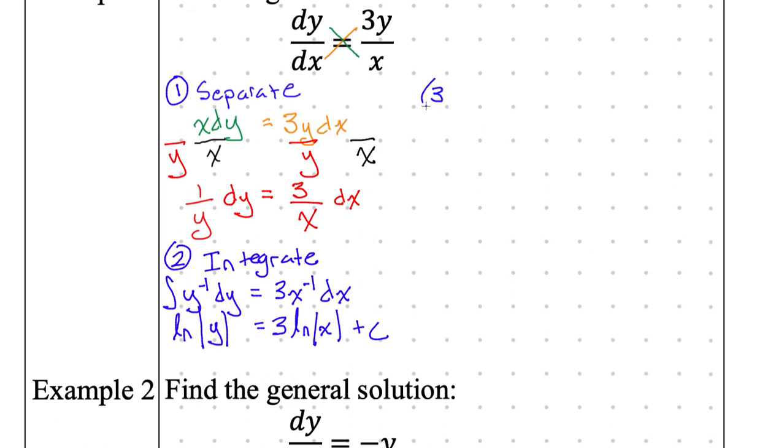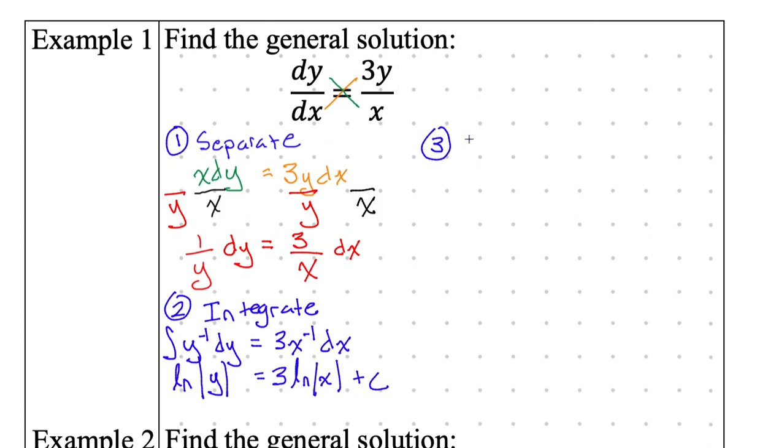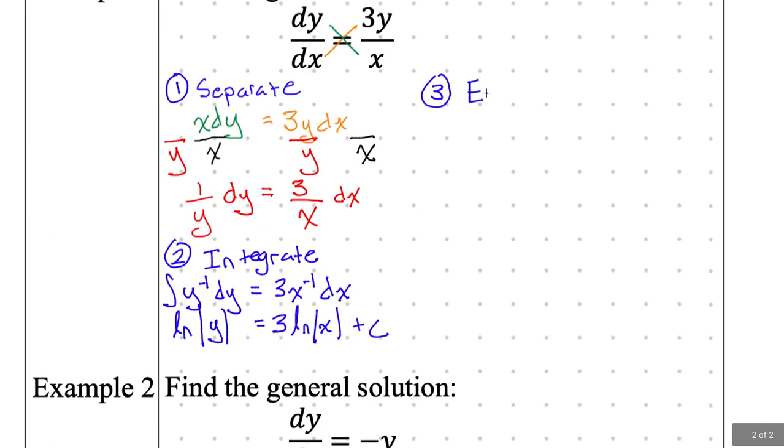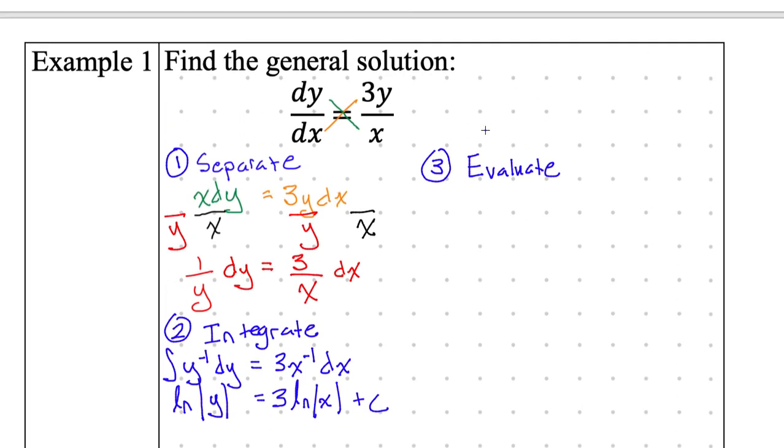Then I go on to step number 3, which is evaluate. Evaluate basically means if it gave you some initial conditions, say it gave you something like (1, 2), then you plug in 1 for x and 2 for y.